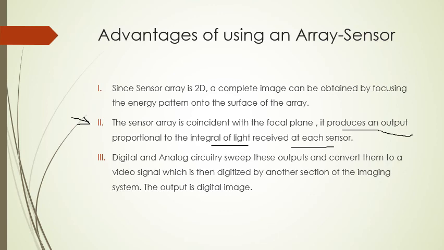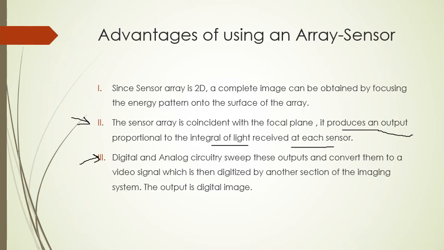In the last point, the third point, digital and analog circuitry sweep these outputs and convert them to a video signal, which is then digitized by another section of the imaging system. The output is a digital image.